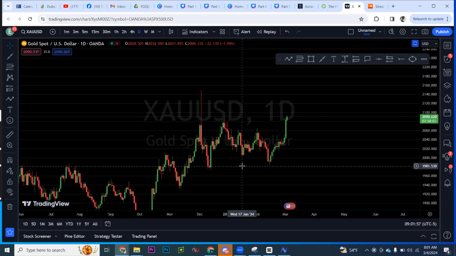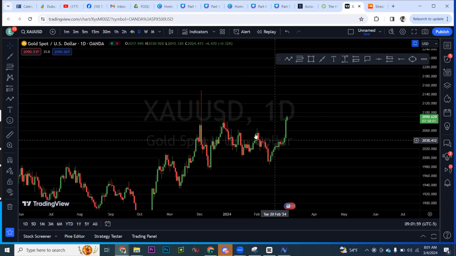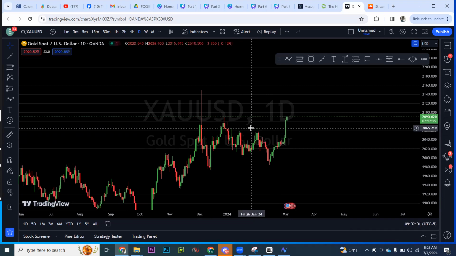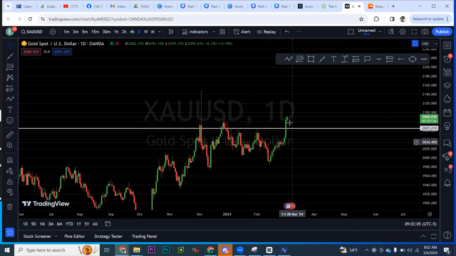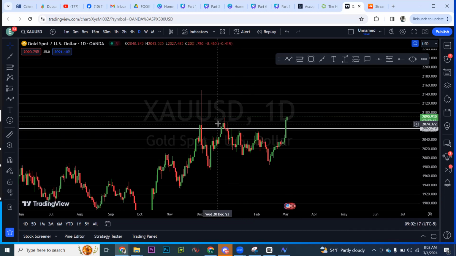Sheesh. What happened here? Got the break of structure. So that's why I would see price come back to this. If this candle was to just close up, we got the whole imbalance right here too. It's hard to get a trade right now. So we got this supply here. Hold on.